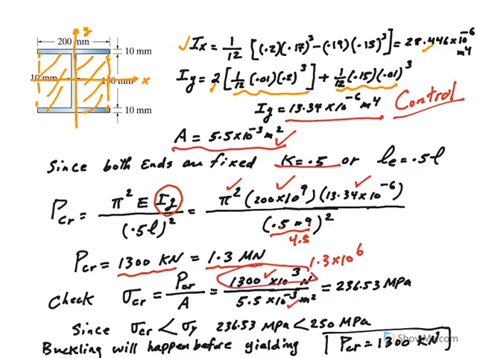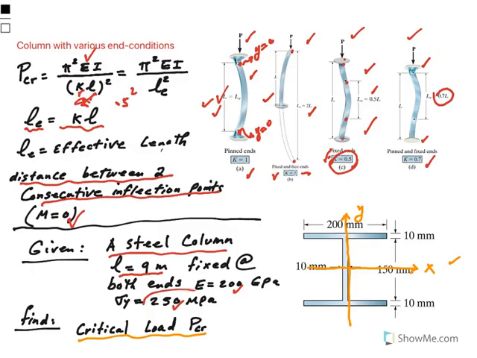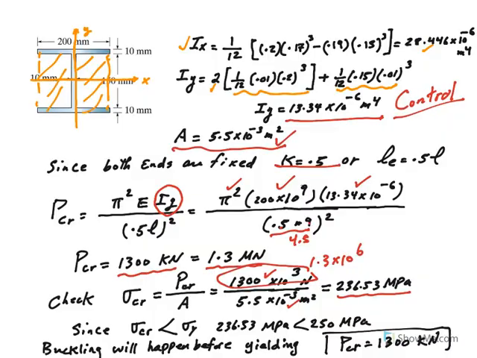Anyway, it's divided by area. This comes out to be about 236.53 megapascals, which is smaller than the yield here. As long as this is smaller than the yield, the critical load that we calculated is okay. So that's going to be the lowest critical load, or the lowest load that will cause buckling, which means buckling will happen before yielding.